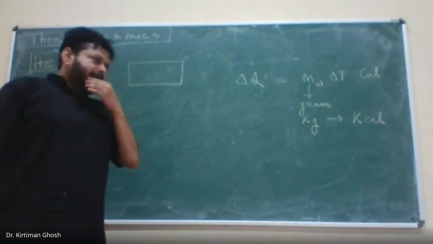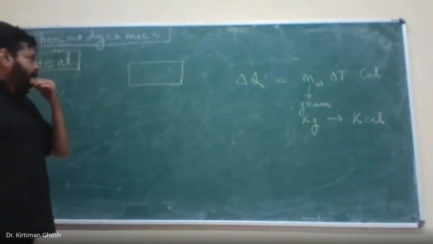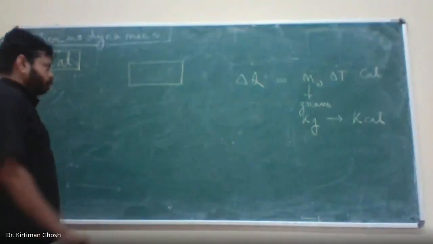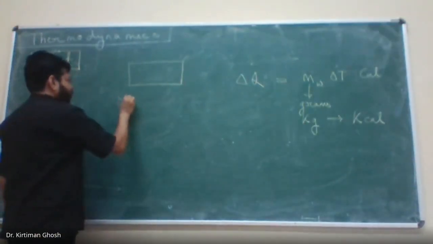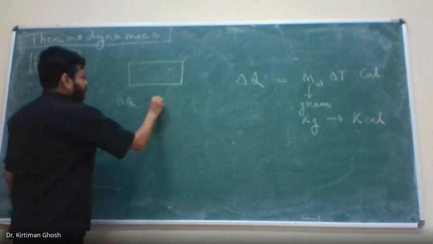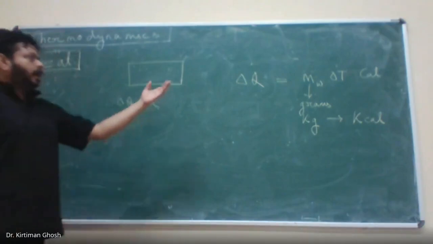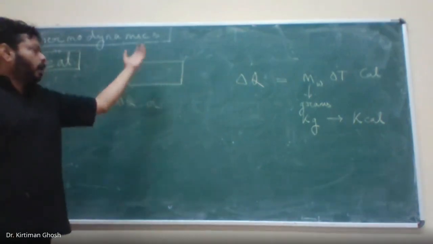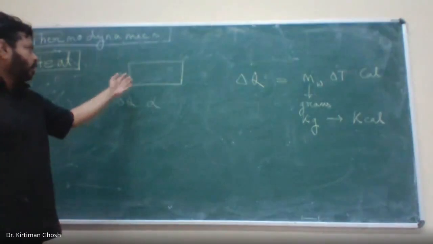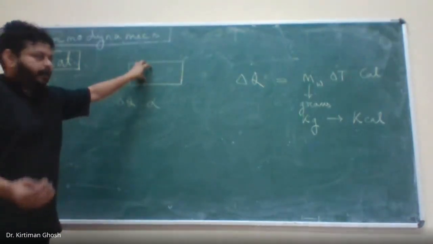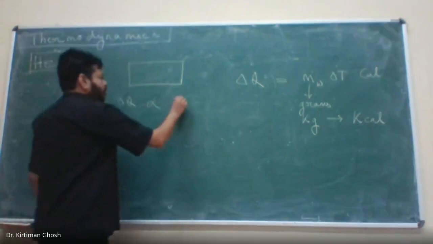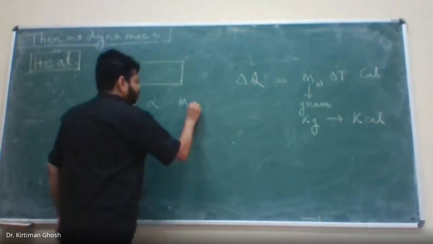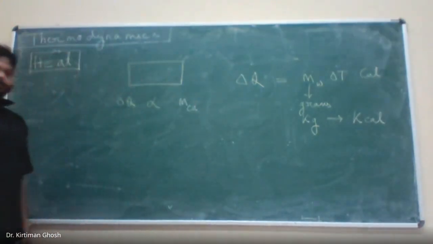I want to increase its temperature by delta T. So how much heat do I need? Delta Q will certainly be proportional to the mass, as in the water case. Here also the same principle of identical objects applies, and it will be proportional to the mass of copper.